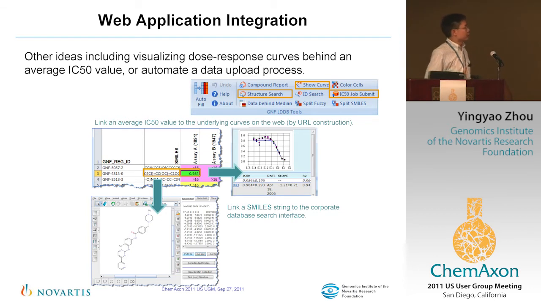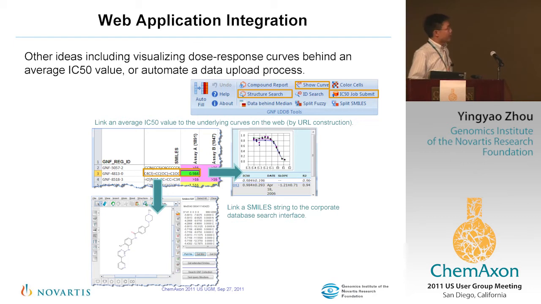If a chemist gets interested in this result, typically he will then want to know how reliable that result is. Each result is an average of multiple measurements. So the chemist will want to see the underlying dose response data, all the individual replicates, to get a sense of whether that's a true result or a noise result.